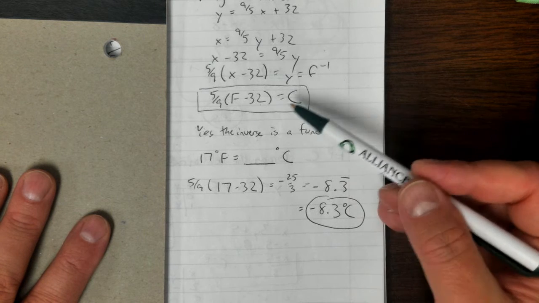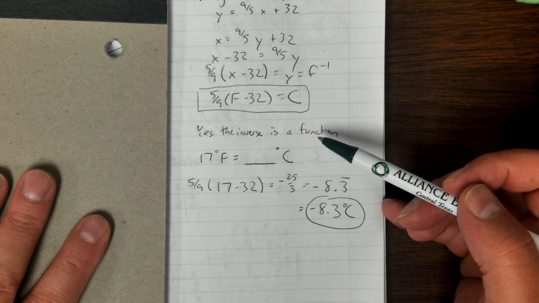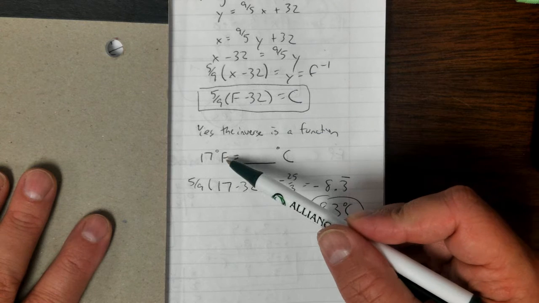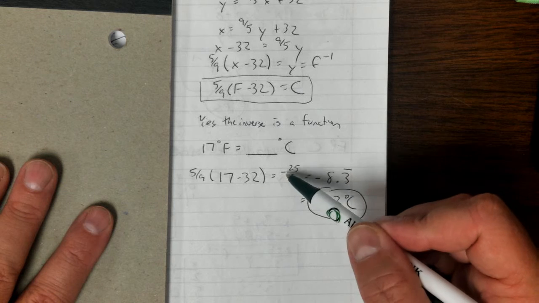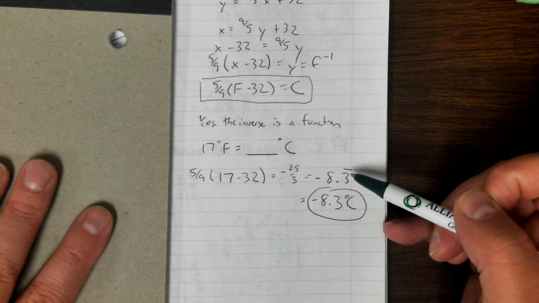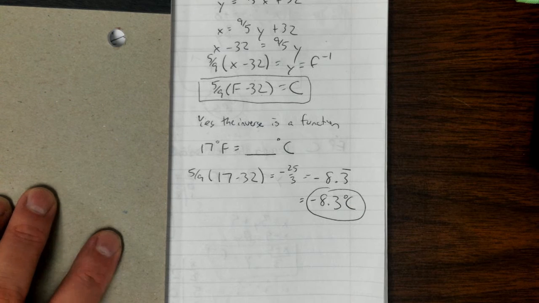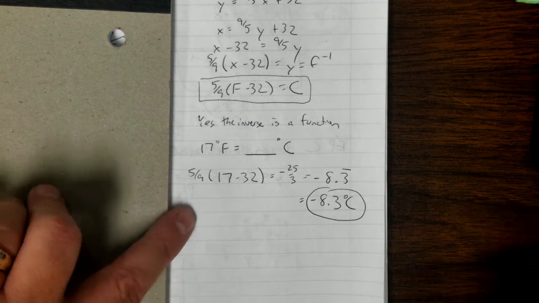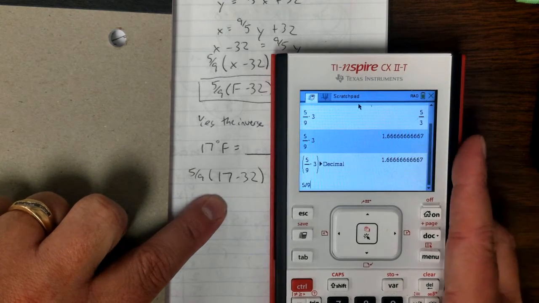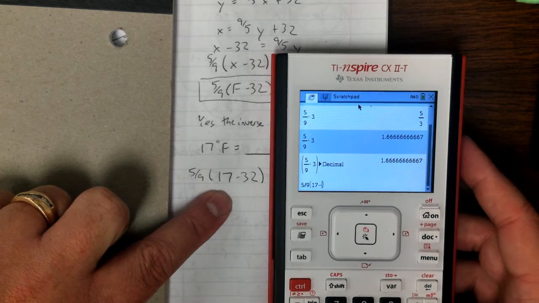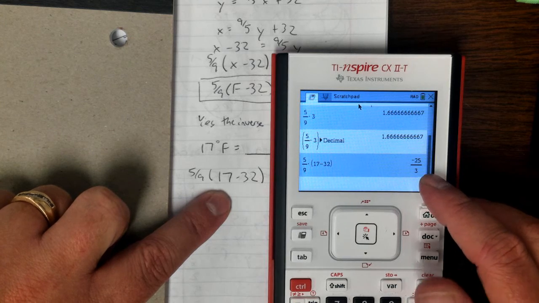And then because it's linear, it is a function, because it would pass the vertical line test. And then we're given 17 degrees Fahrenheit, and so you plug that in, and you get -25/3, which is this decimal, so that's -8.3. Now, remember on your calculator that if you do 5/9 parentheses 17 minus 32, it's going to show it as a fraction, but you want a decimal.